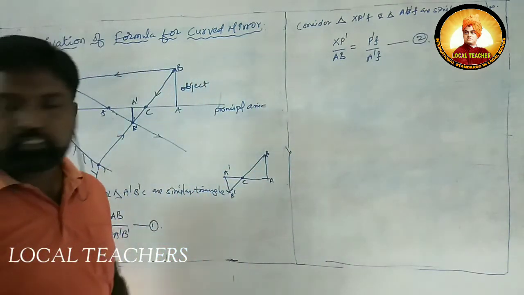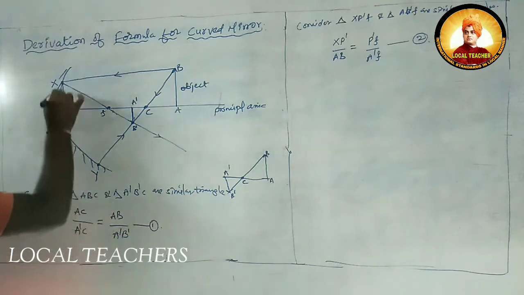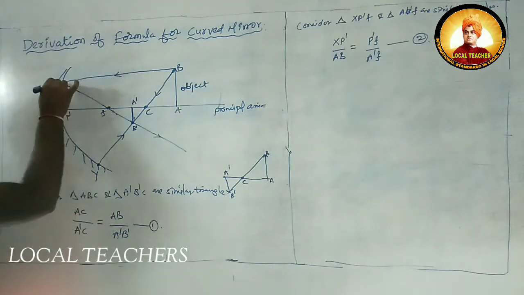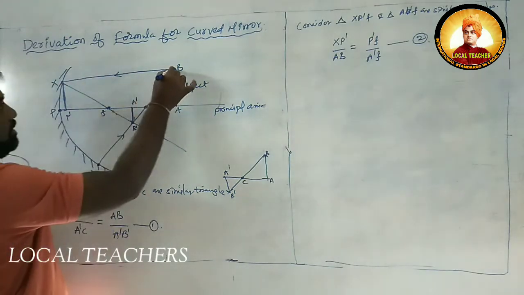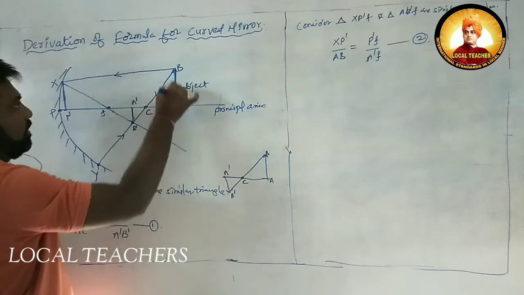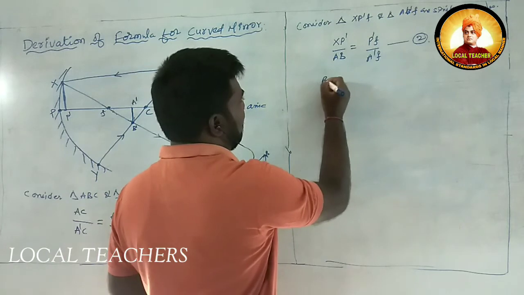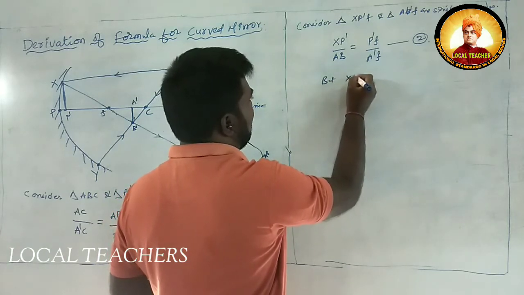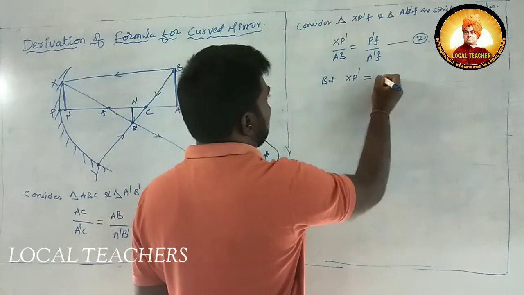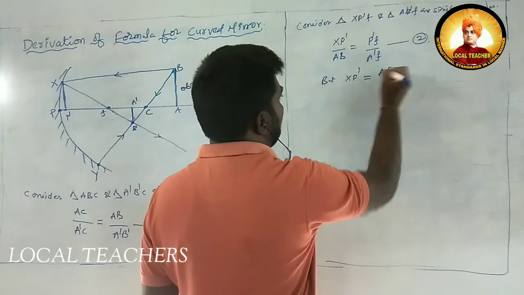Observe this X P dash. This X P dash is equal to AB. From the figure we can directly conclude that X P dash equals AB.